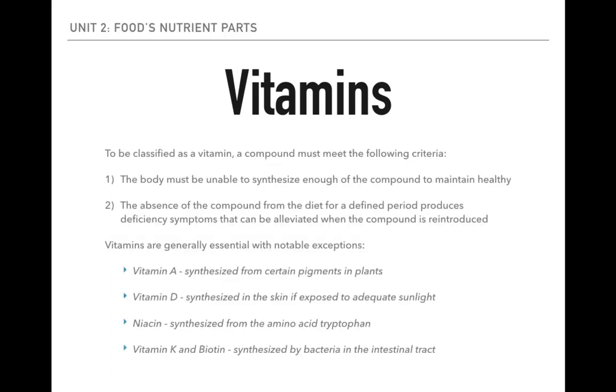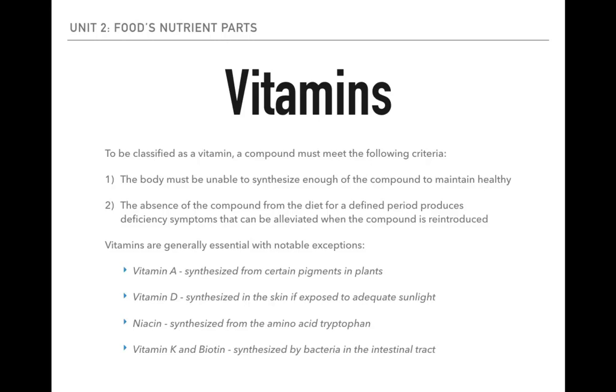So what makes a vitamin a vitamin? Well, to be classified a vitamin, the body must be unable to synthesize enough of it to maintain health. And number 2, the absence of the compound from the diet for a prolonged period of time will produce predictable deficiency symptoms that will be alleviated when the compound is reintroduced.